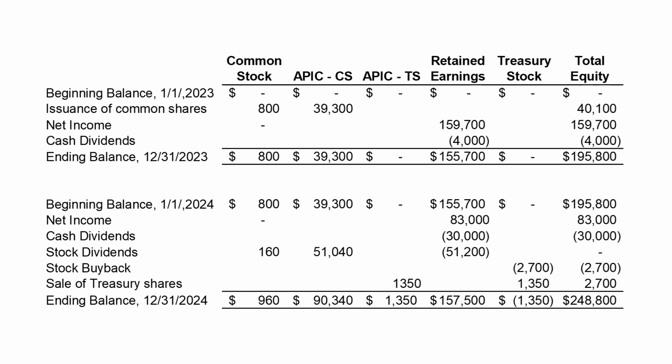We issued some stock, we earned some net income, we paid out some cash dividends, and then we had stock dividends, more net income, stock buyback, sale of treasury shares, and you can look across the board at how these transactions impacted our various accounts. So that pretty much sums up all you need to know about stockholders' equity right now.